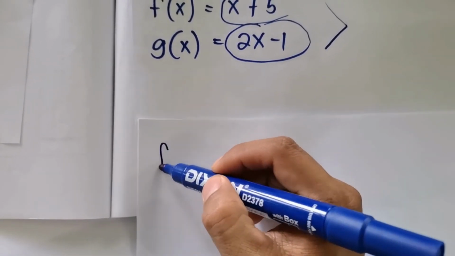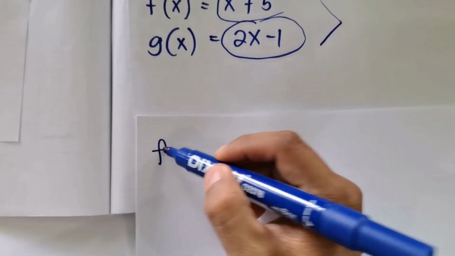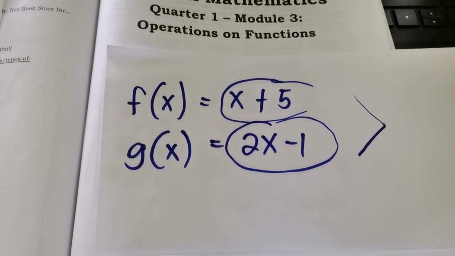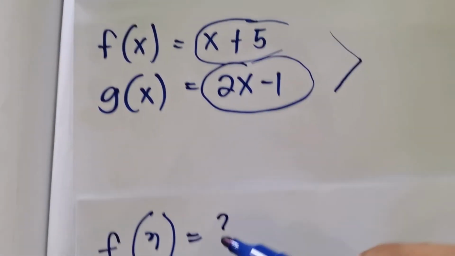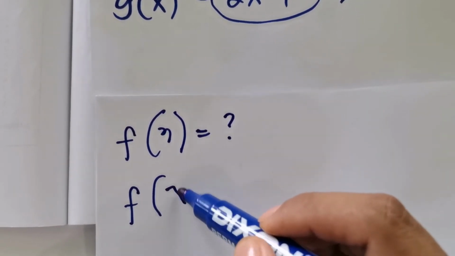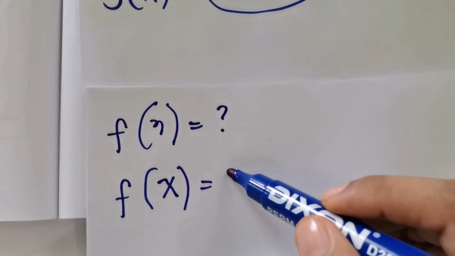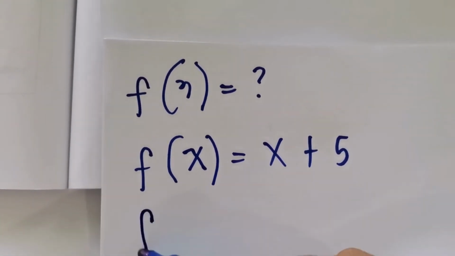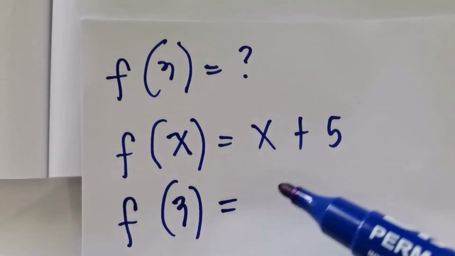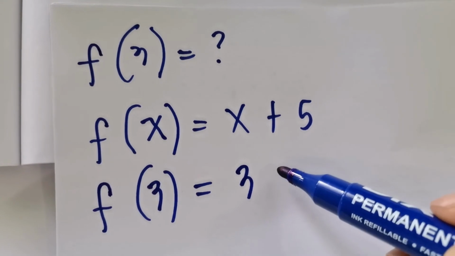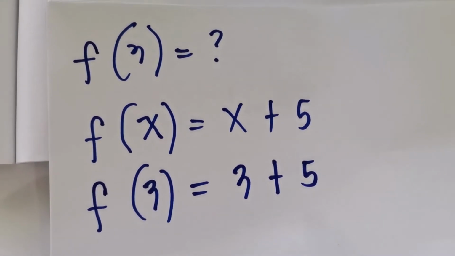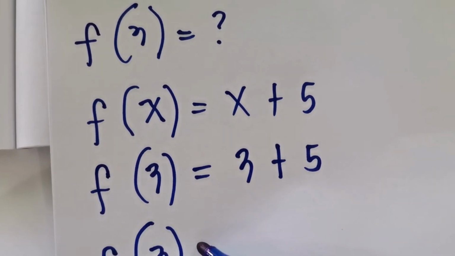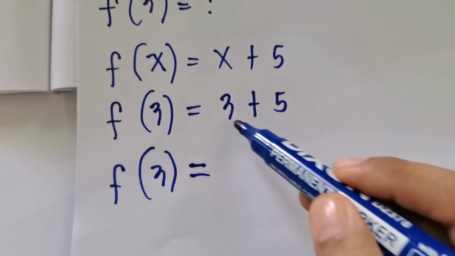Okay, let us find f of 3 using the given function f of x, which is equal to x plus 5. Since our x is 3, simply do substitution. You have 3, x is 3, plus 5. Now, f of 3 is just equal to 3 plus 5, that is 8.